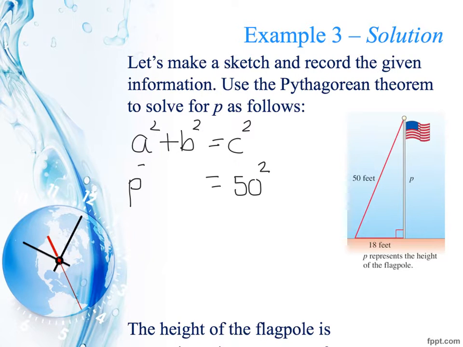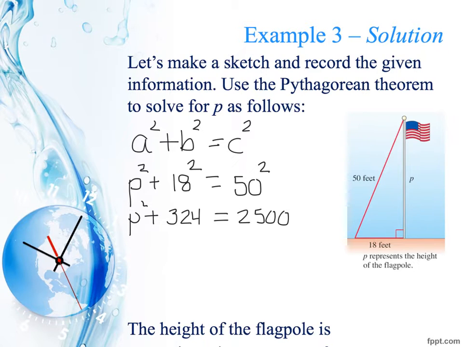So I'll make A the P, and I'll make B the 18. Those could be interchanged, but again, the hypotenuse has to be C. So now I just have to do a little simplifying. 18 squared, with the help of my calculator, is 324, and 50 squared is 2,500.